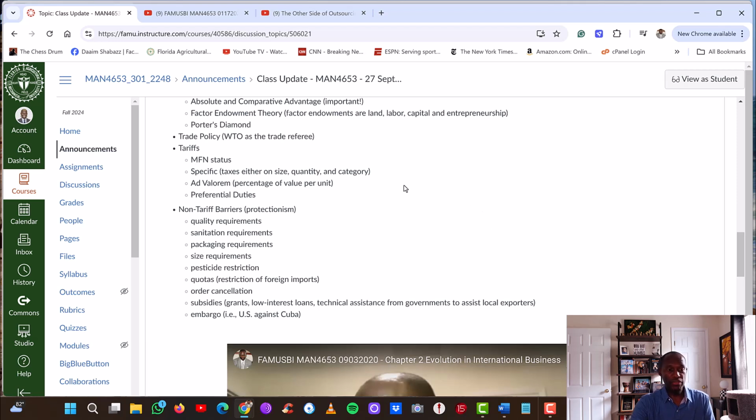MFN is most favored nation status, which you get if you are a favorite trading partner of a particular country. As long as it's not discriminatory, as long as it's fair, you can have these relationships with other nations. You have tariffs such as specific taxes, which can be based on size, quantity, category, and weight.